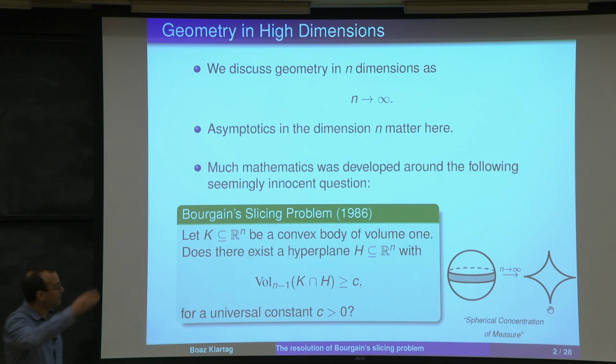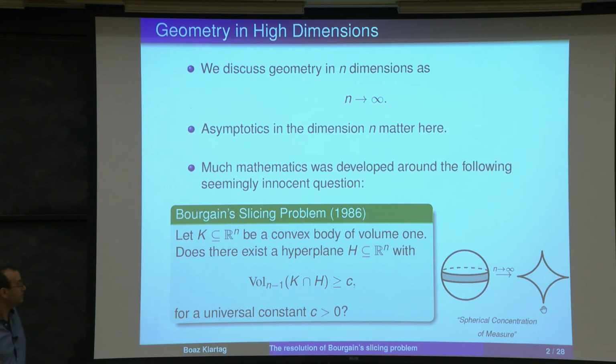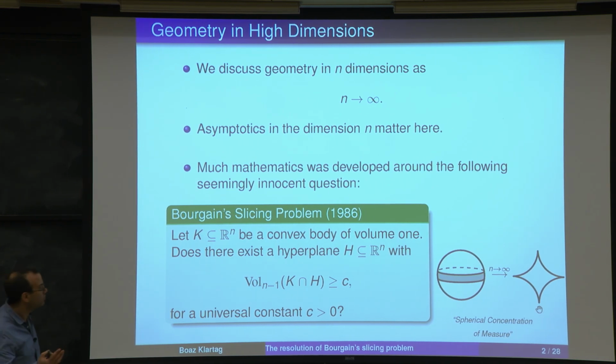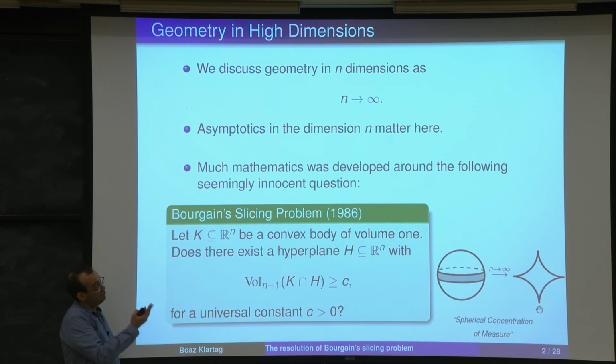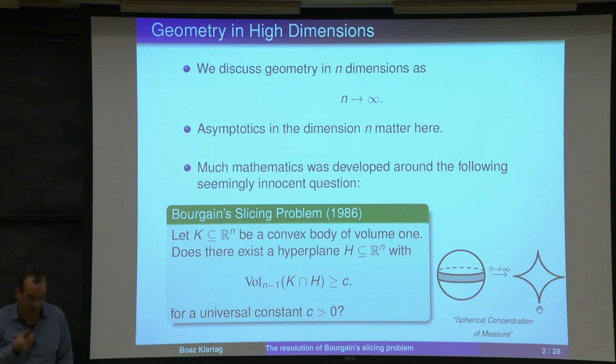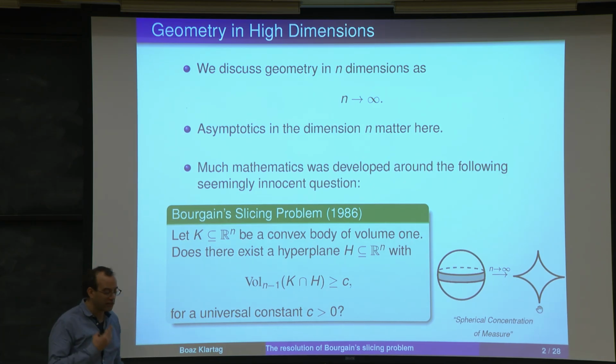Can you find a hyperplane section of that convex set whose volume is at least 1/1000 or some other universal constant? Apparently this question was unsolved for many years. In some sense, it was the minimal non-trivial open problem in this business. There were a bunch of much stronger conjectures, but even that question was beyond reach for many years.